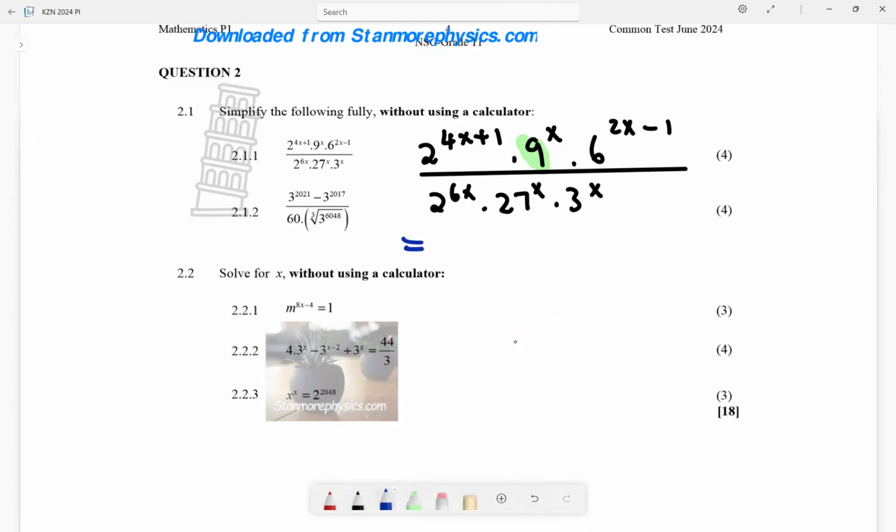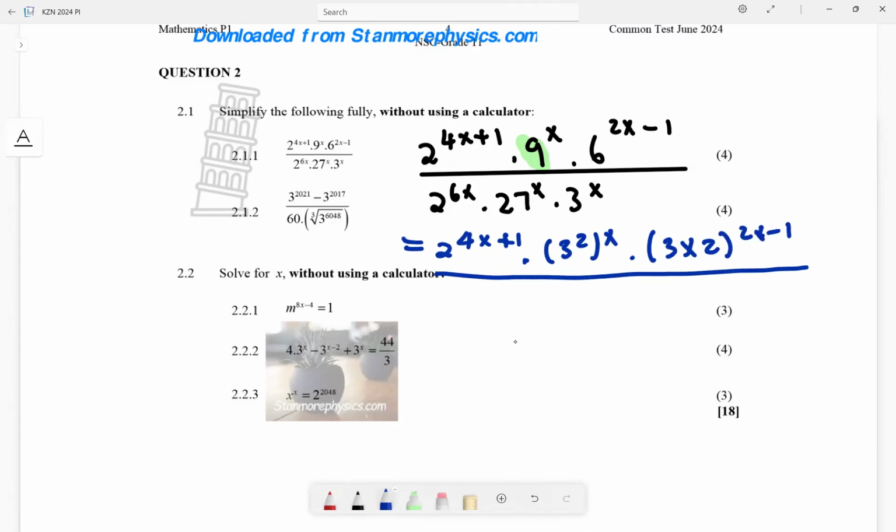It's going to be equal to 2 to the power of 4x plus 1 multiplied by 3 to the power of 2x, multiplied by, when you say 6 equal sign shift fact, it gives you 3 times 2, so we just say this is 3 multiplied by 2 to the power of x minus 1, all divided by 2 to the power of 6x.